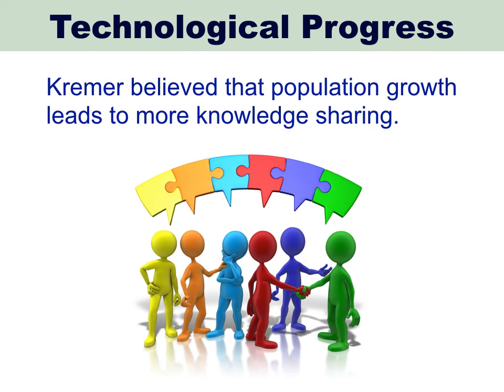Another economist, Kremer, actually thought about these things. Kremer believed that population growth will lead to more knowledge sharing. Because we have larger populations, we can set up knowledge centers, if you will.